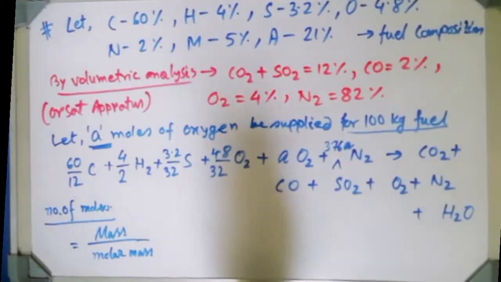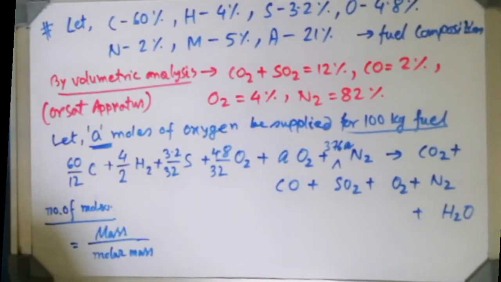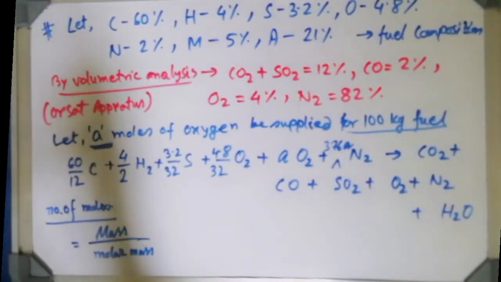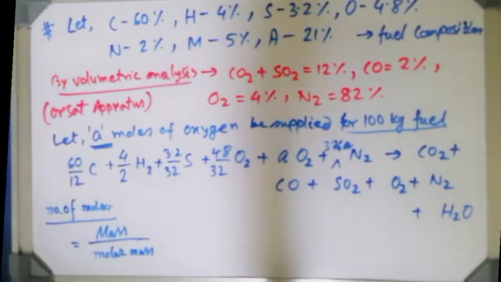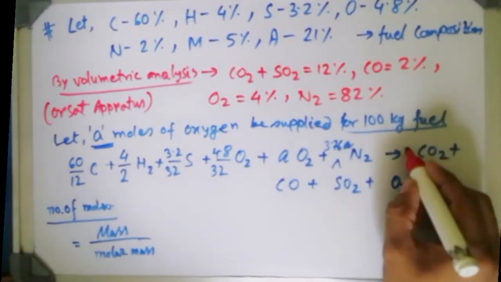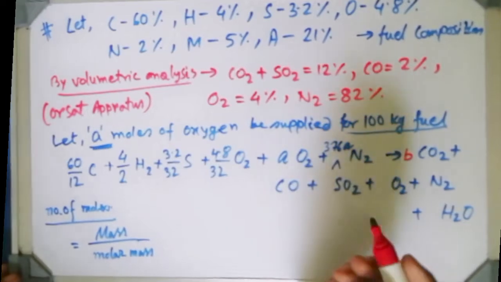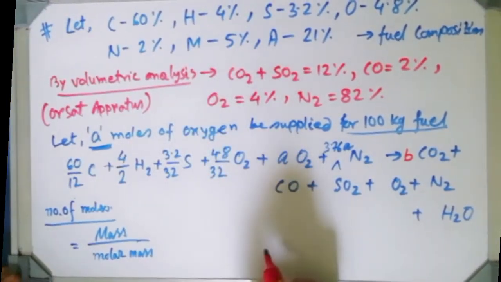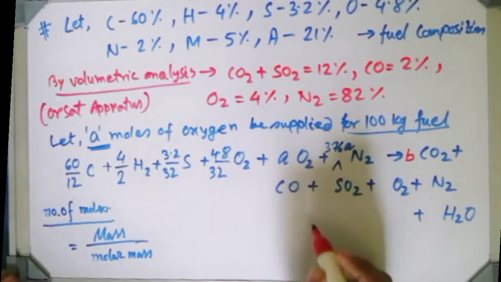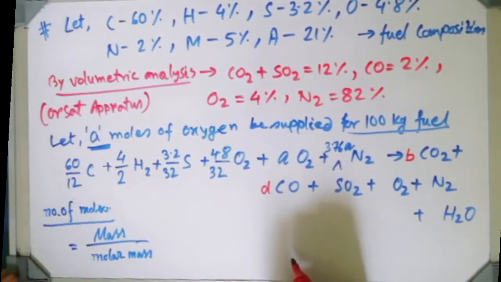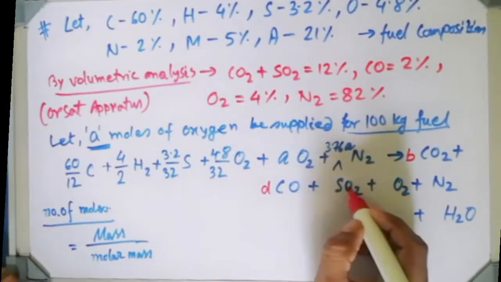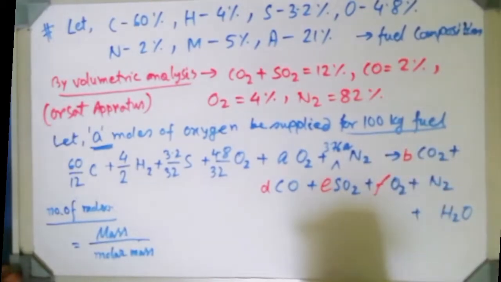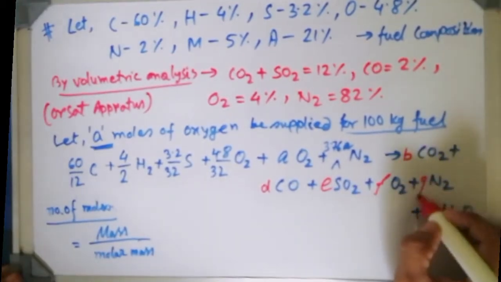Suppose it is B. C we will not consider, because C is already used for carbon, so I put D. Then sulfur dioxide is E, that means the number of moles I am assuming, then F, G, and H. These are the assumed numbers of moles, and we have to find the value of these coefficients.